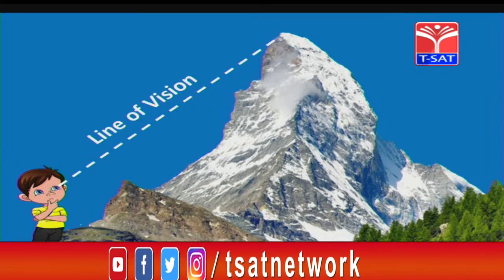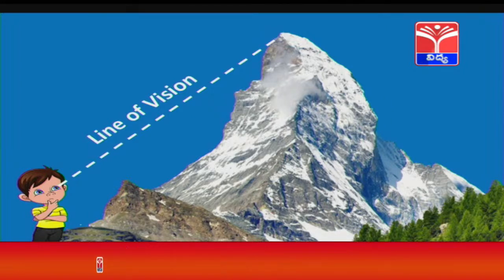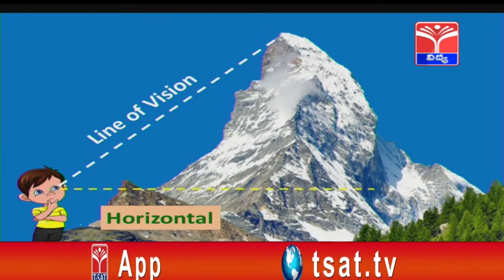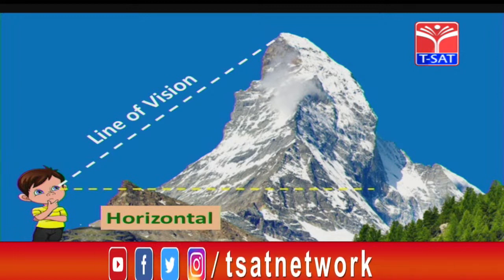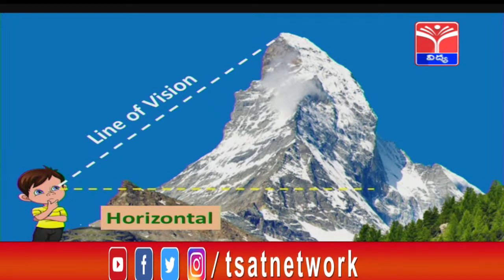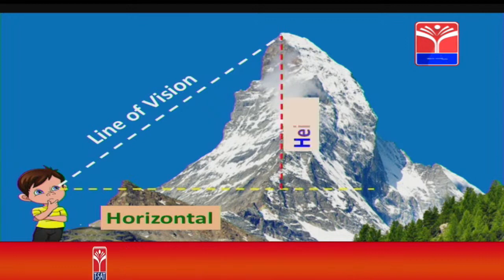Now, in general we have a horizontal line of vision. That means, when a person stands normally, his vision will be straight. So, that is called horizontal. Now, let me think of the vertical measurement of that particular mountain as the height. Suppose I say that is the height.